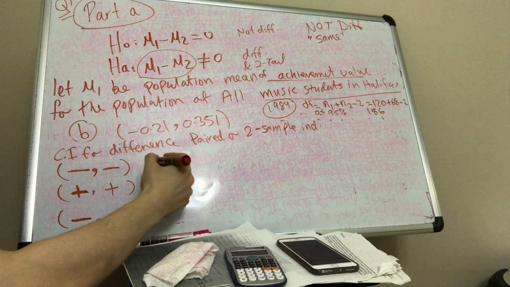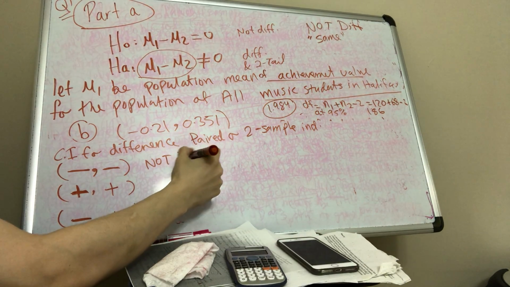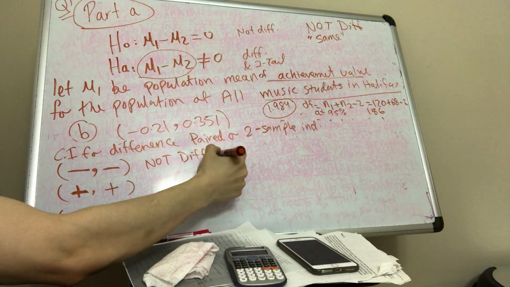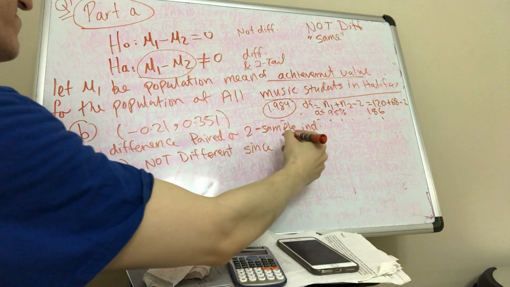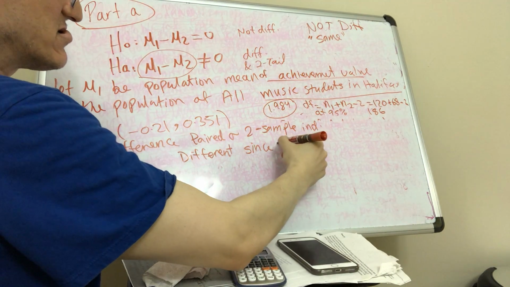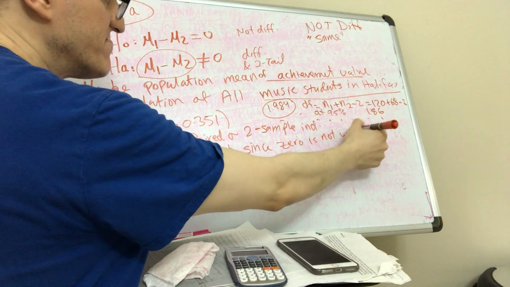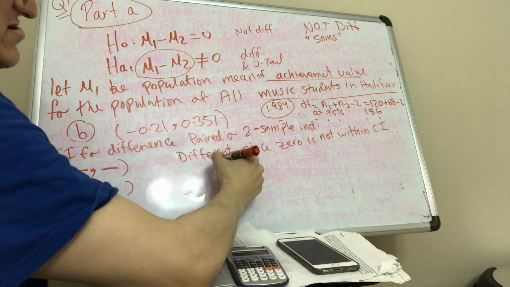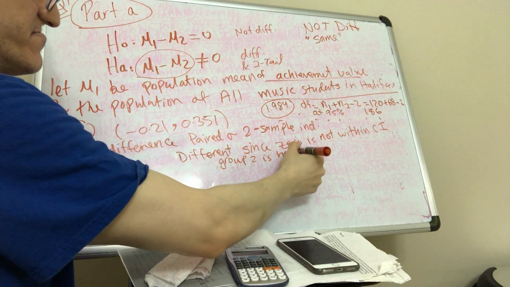If you end up with two negatives, you say different, since 0 is not within the confidence interval, and two negatives means group 2 is higher.